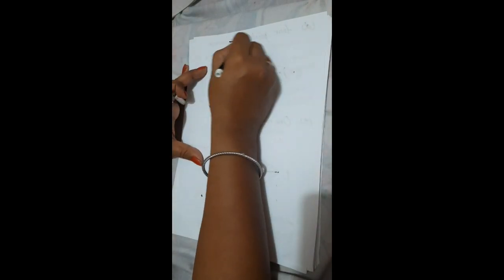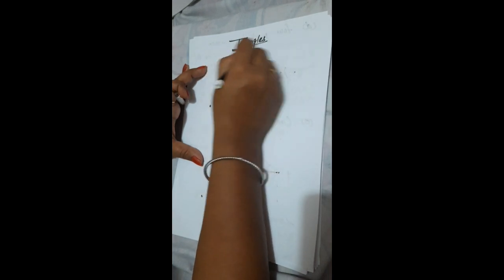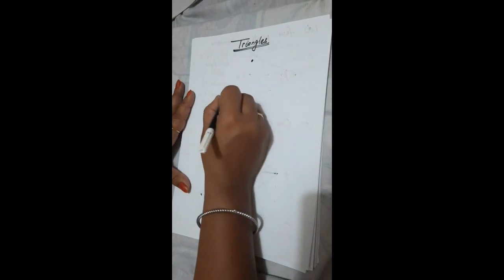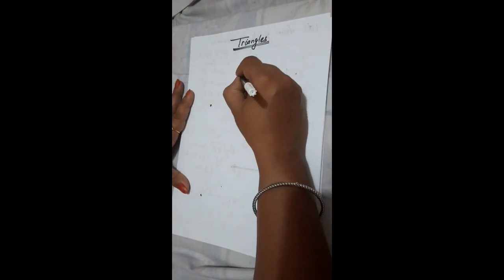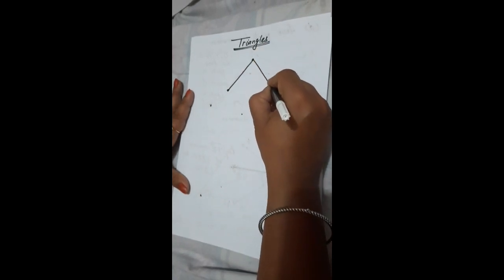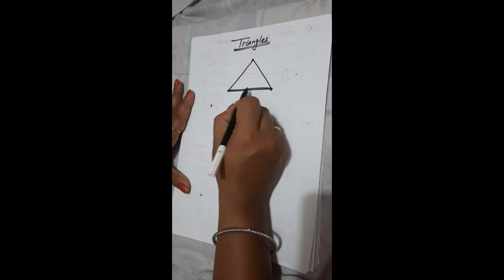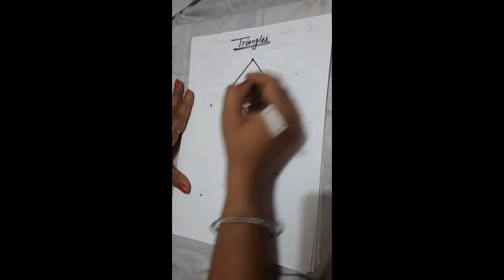The next topic we have is triangles. As we did earlier, if we have 3 non-collinear points and if I join them, I will get a triangle. So basically a triangle is a 3-sided closed figure.